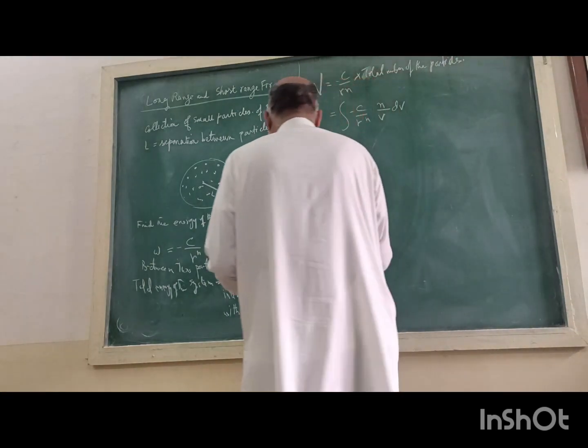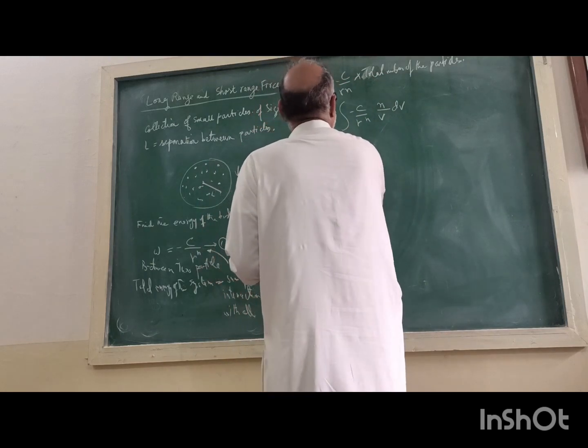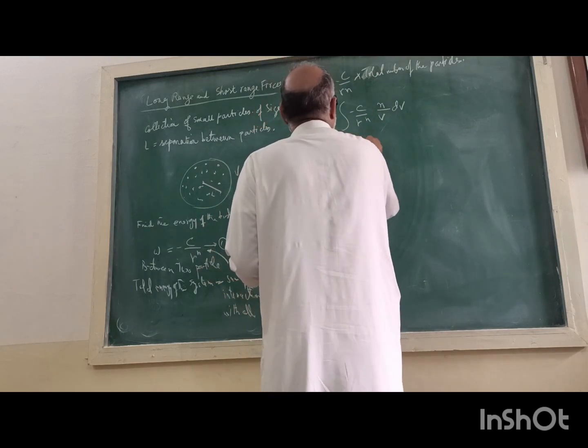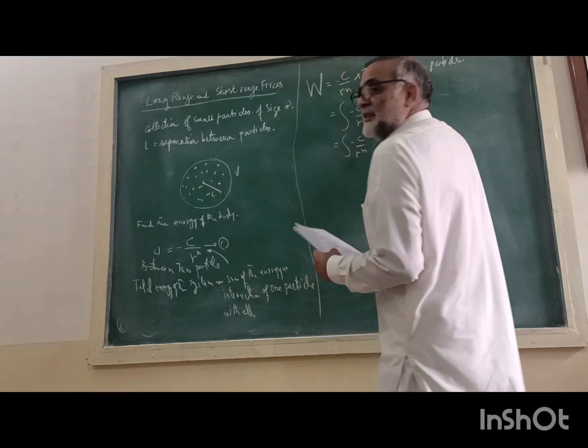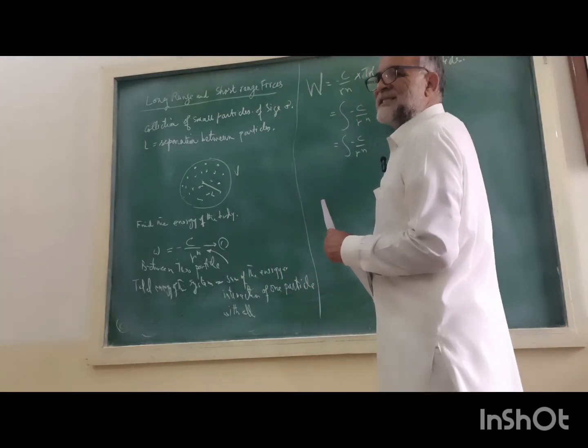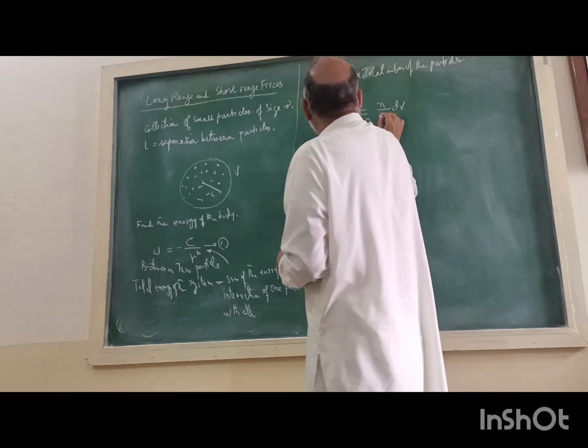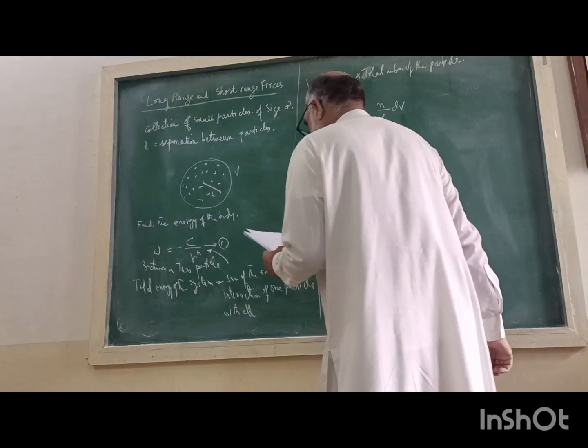So let me call this minus C over r to the power n, and let me call this rho, the number density.